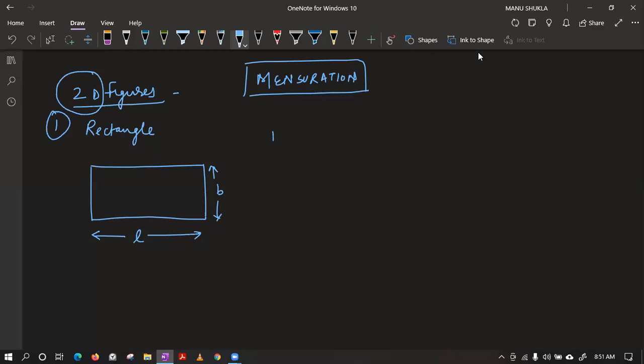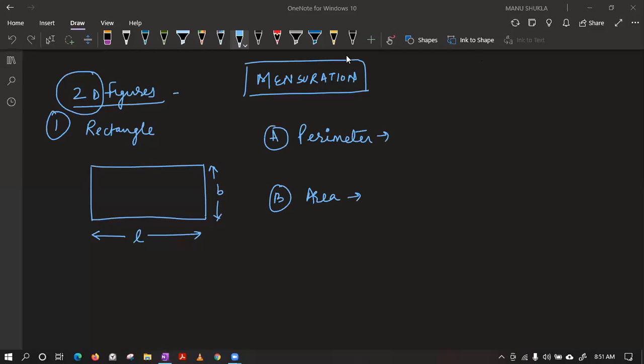The first parameter that we go through for this rectangle is perimeter, and second is area. Class, first tell me what do we mean by perimeter? Perimeter is the length of all the sides. Perimeter is talking about the boundary.